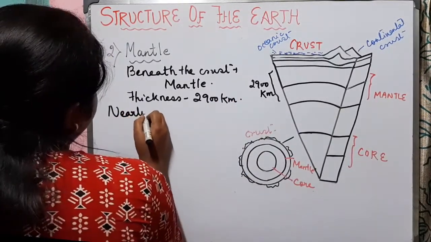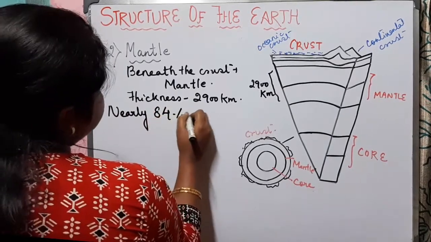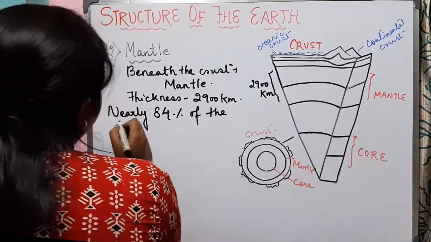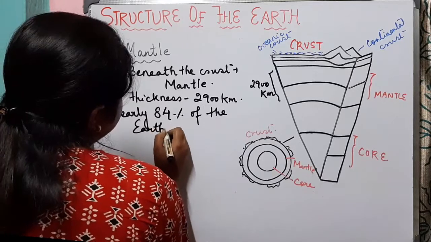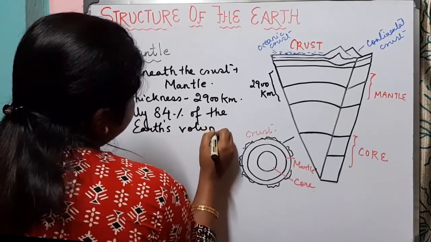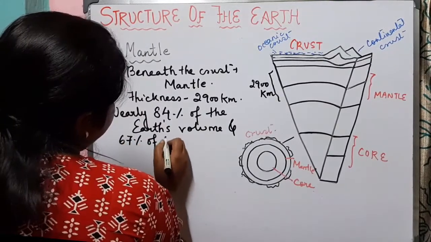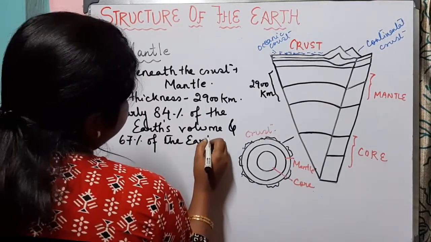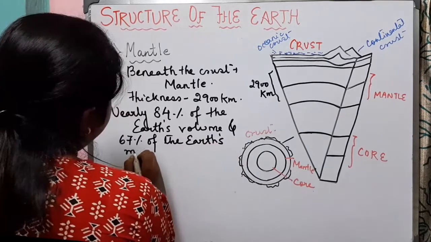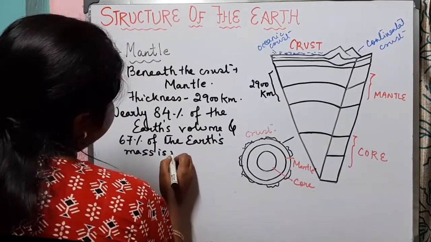Nearly 84% of the Earth's volume and 67% of the Earth's mass is made up of the mantle.